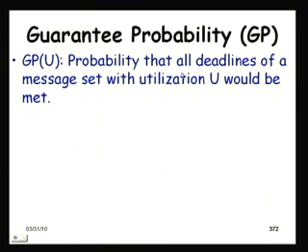See, as we keep on increasing the utilization of the network, when there is low utilization, all the deadlines will possibly be met, and as the utilization keeps increasing with real time messages, at some time or other the deadlines get missed. So, this indicates the probability: if the utilization is u, then what is the probability that the deadlines will be met?